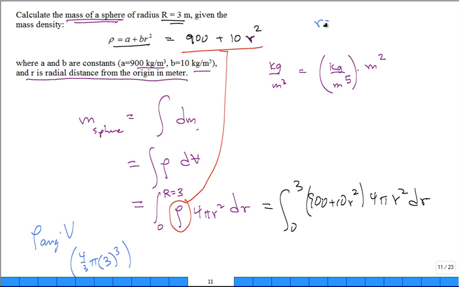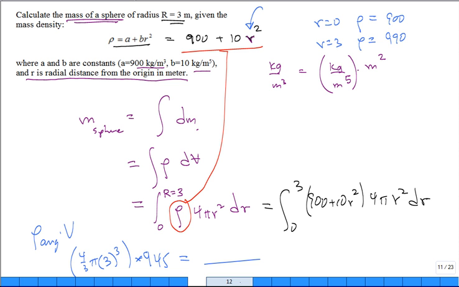When r is equal to 0, rho is equal to 900. When r is equal to 3, rho is equal to, can you see what it is? Put 3 in there. 3 squared is 9, 90, 990. How about if I just multiply that by 945? Guess what? It's going to be really close. It'll be pretty close, okay?